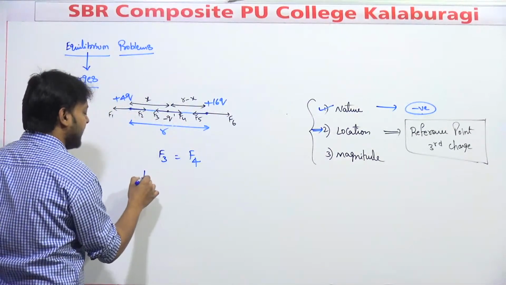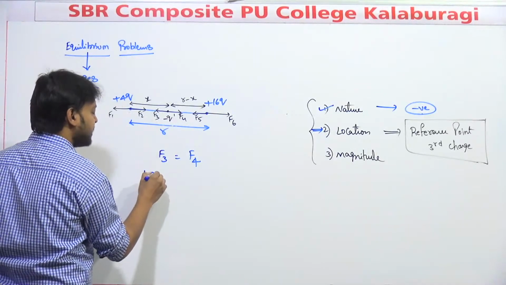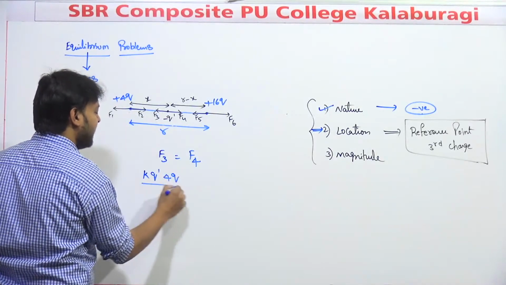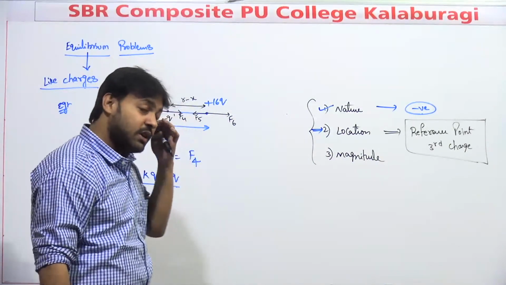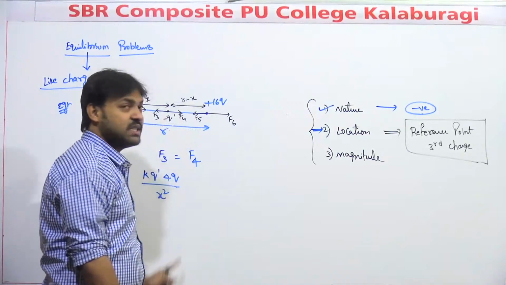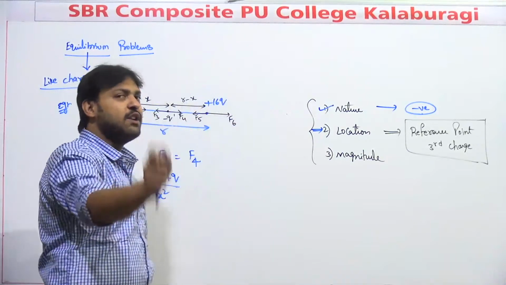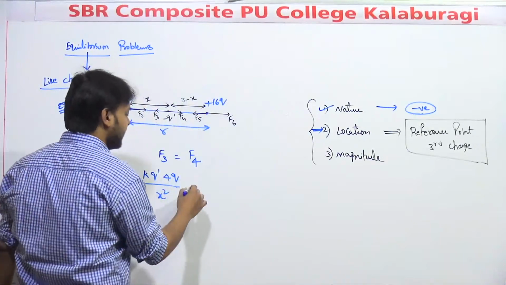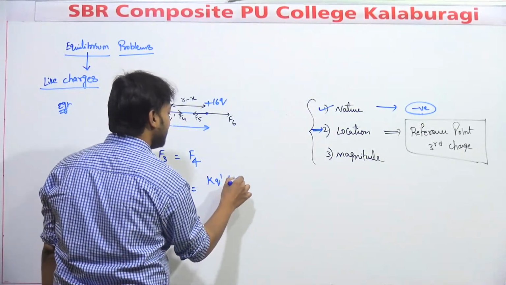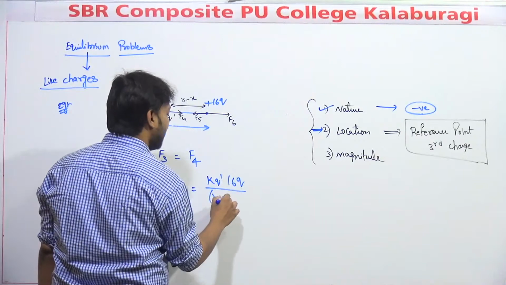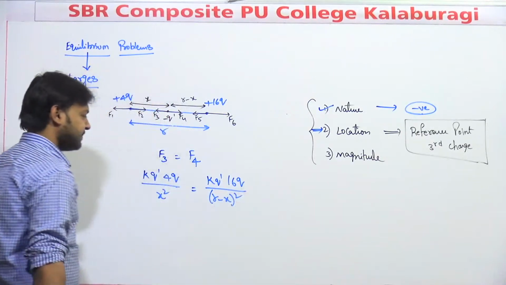Now write the formula: F3 equals K, q dash, 4q divided by x square. Already I said in yesterday's class, please substitute only the magnitude of the charge, because directions already we know. Which equals F4, which is K, q dash, 16q divided by r minus x whole square.